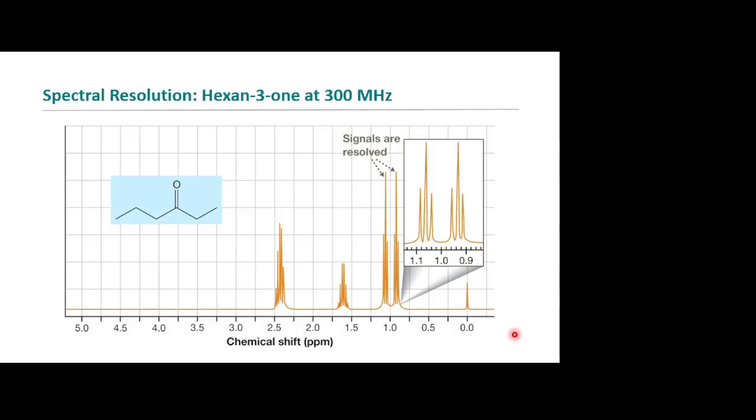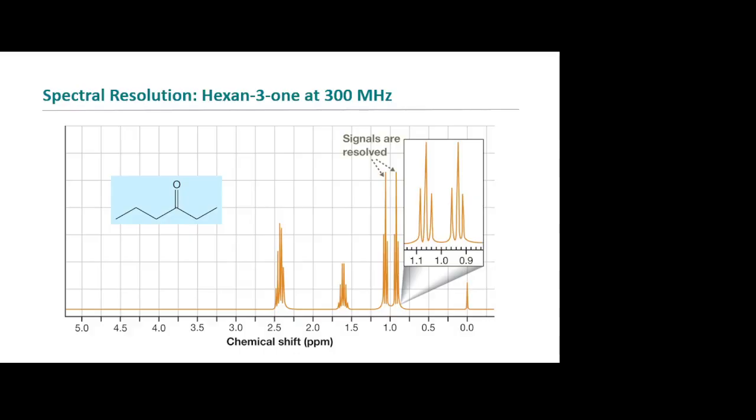Now, one of the things we need to talk about here is that the coupling constants are actually independent of the B external. So regardless of the strength of the B external, you're going to get the same frequency differences within the peaks. These splits are going to remain unchanged.